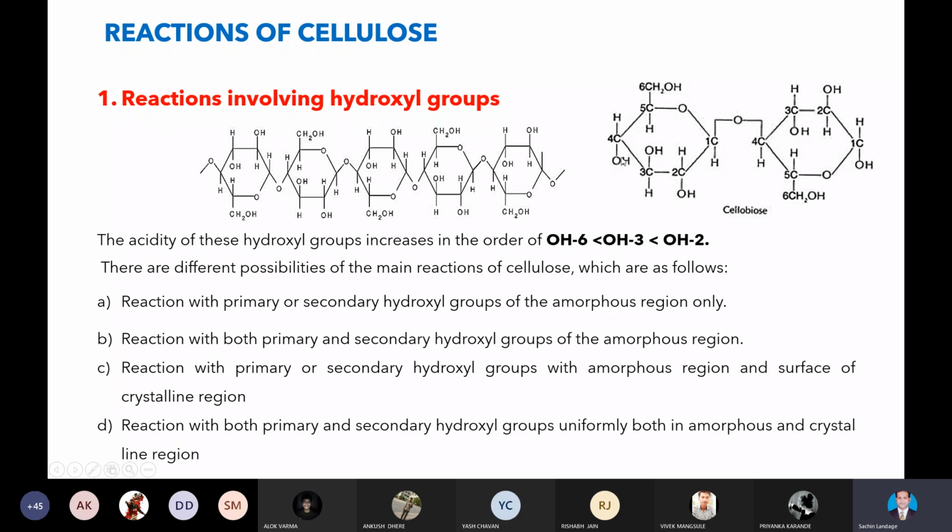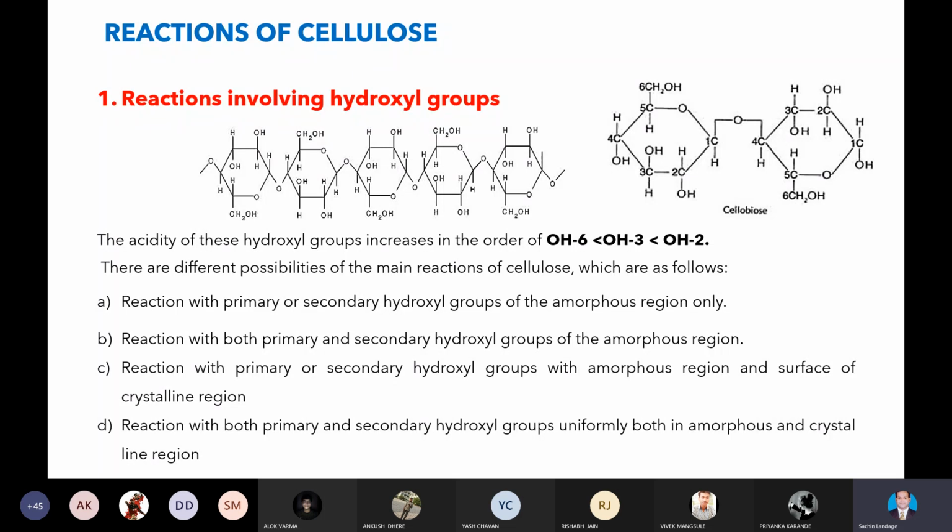These 6 carbons got this particular numbering. Now see the hydroxyl groups: one is attached to the second carbon atom, one to the third carbon atom, and one to the sixth carbon atom. So there are 3 hydroxyl groups.